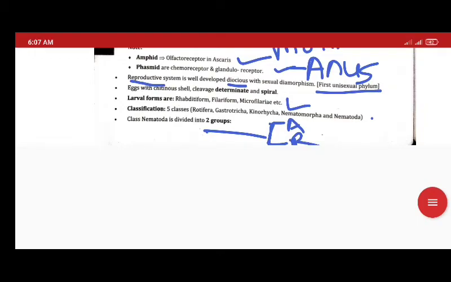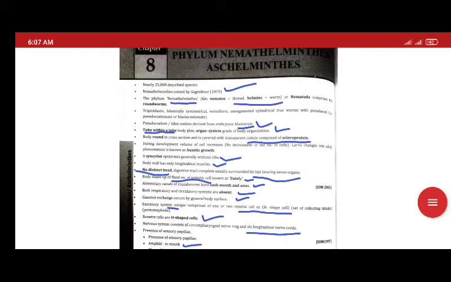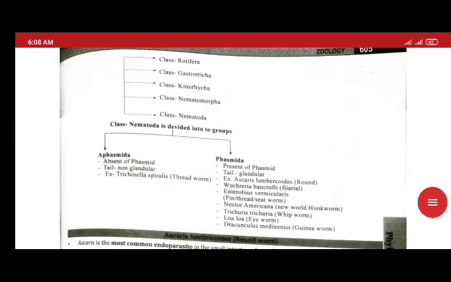So mainly Nematoda is divided into 2 groups, amphida and phasmida.